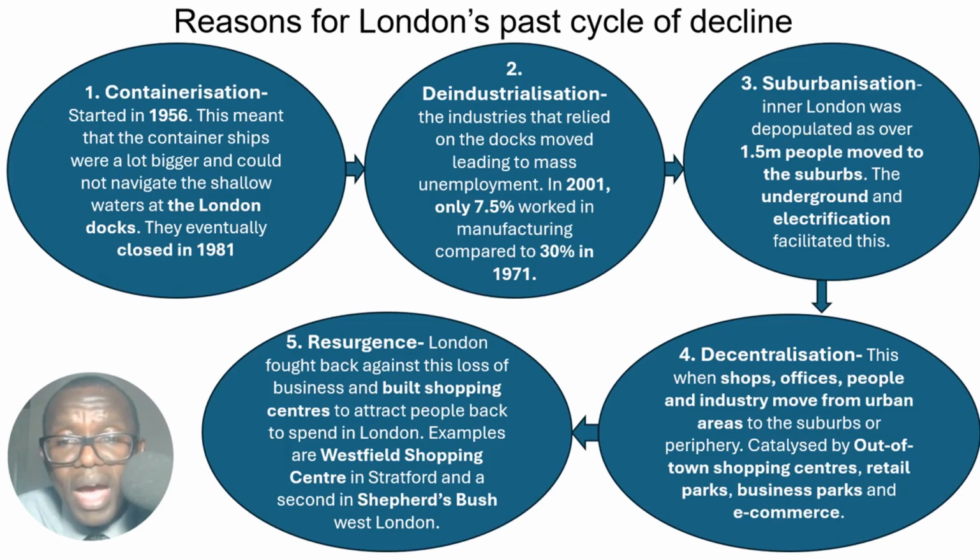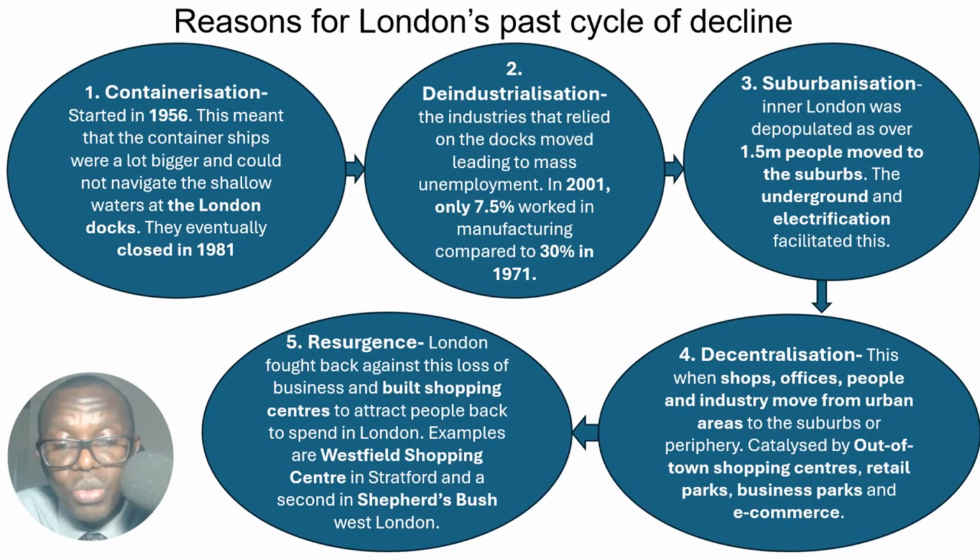However, this particular cycle of decline was reversed to some extent, because there was some resurgence as London fought back against the loss of business. They did this by building shopping centers in London to attract people back to spend money in London.